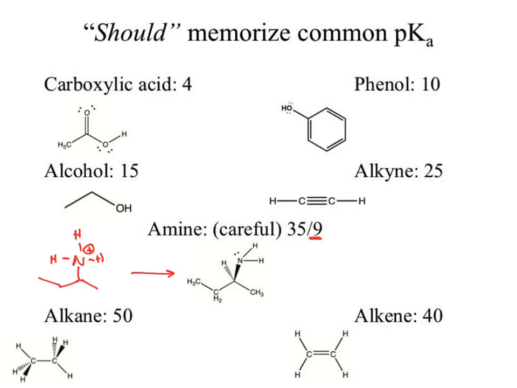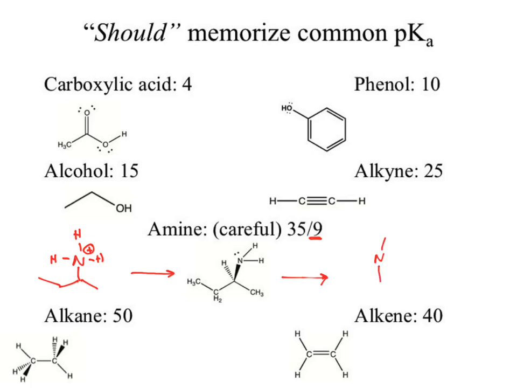If I want to look at a pKa, we're talking about it acting as an acid. If the amine acts as an acid, what does the structure look like? Define acid. Proton donor. If the amine acts as an acid, what needs to happen? It needs to donate a proton because that's the definition of an acid.